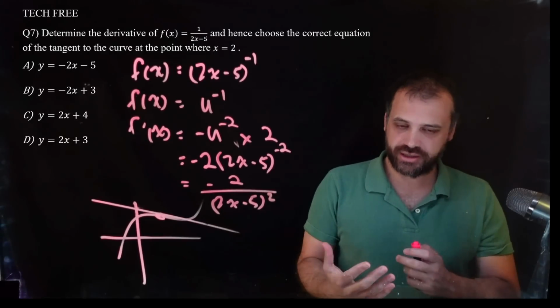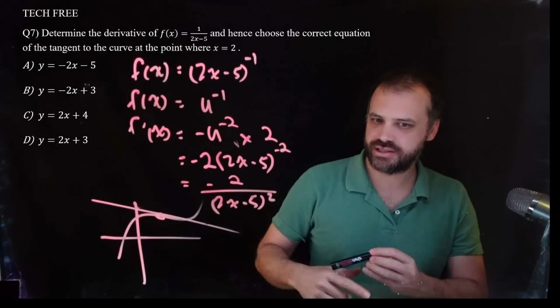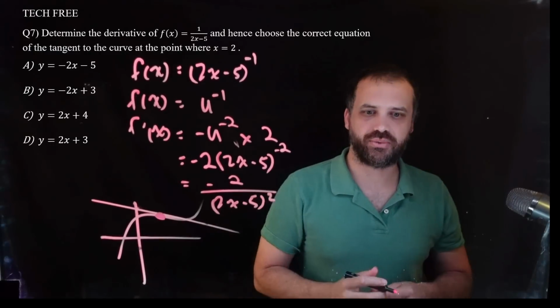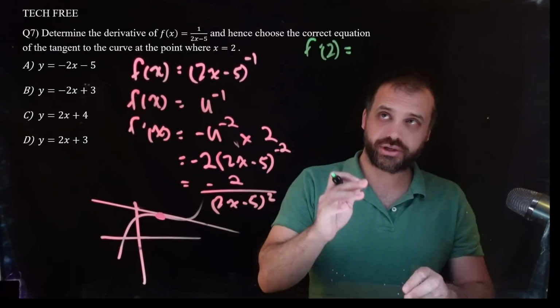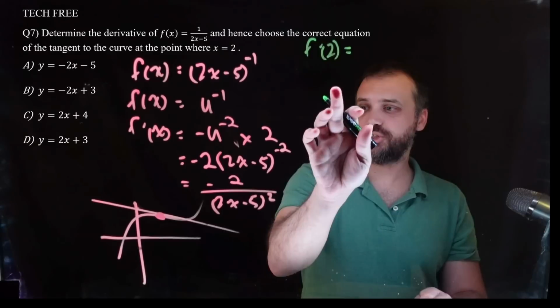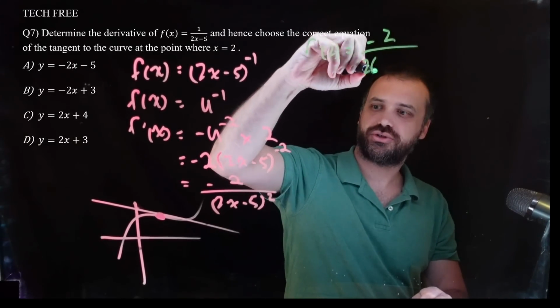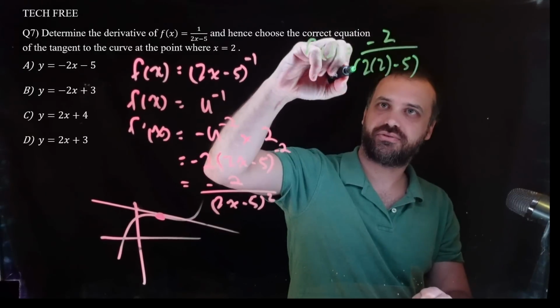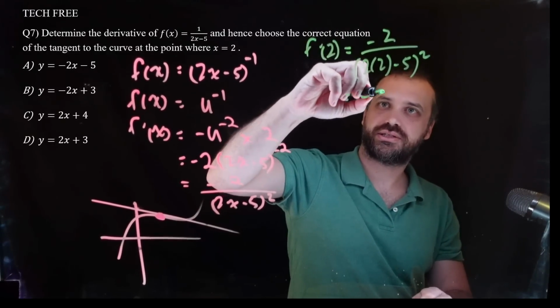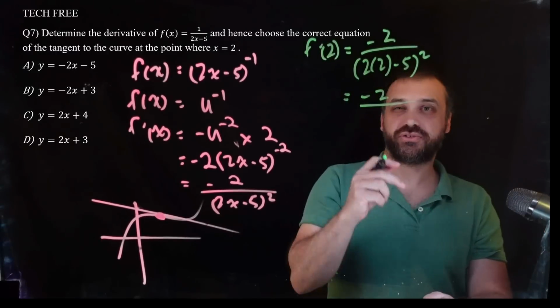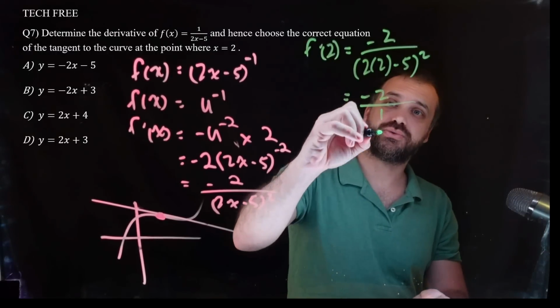Why did I find that? Because I want to know the gradient at this point here when x equals 2. So I can write that as f dash of 2 and sub 2 into my derivative function. Negative 2 over 2 times 2 minus 5 squared. So that's negative 2 over, 4 minus 5 is negative 1, negative 1 squared is 1.